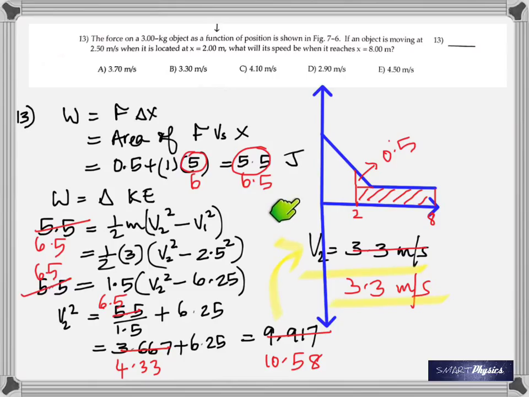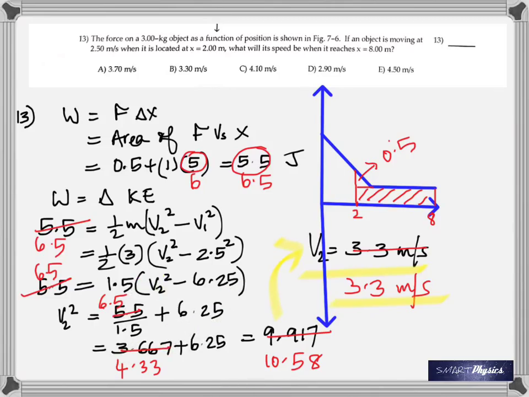So the total work done is 6.5 joules. And we know that work done should be equal to change in kinetic energy. So I put that work is equal to change in kinetic energy, 1/2 times mass times the final velocity which we are looking for, minus the initial velocity which is given. It's given, 2.5. So that's only calculation now.